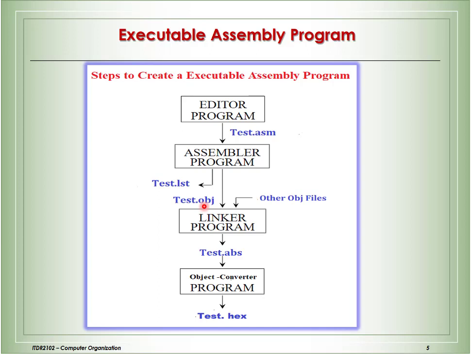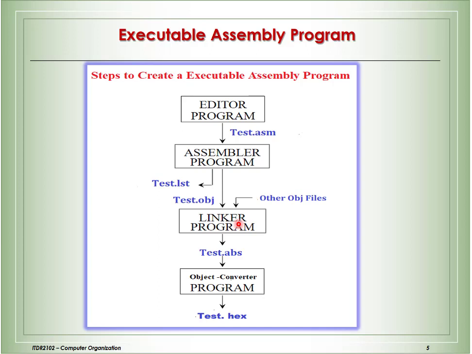Here in the third step you have a linker program. The linker is going to combine a few object files. For example, you write a program, and maybe some other programmer also writes some other files. You can include all these files together, and the linker will join or combine them.